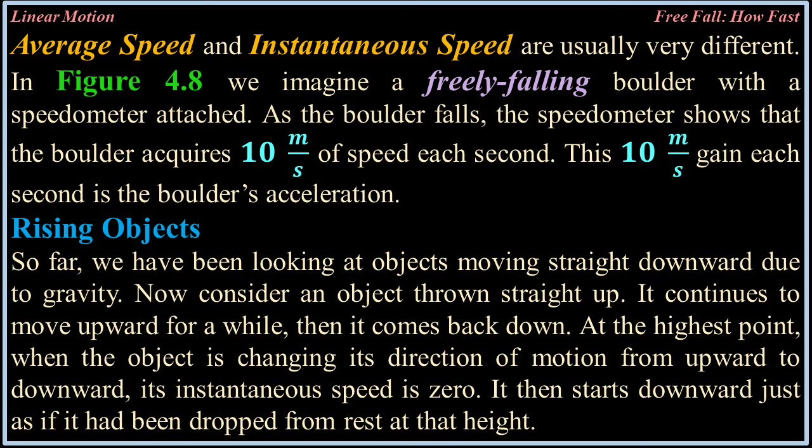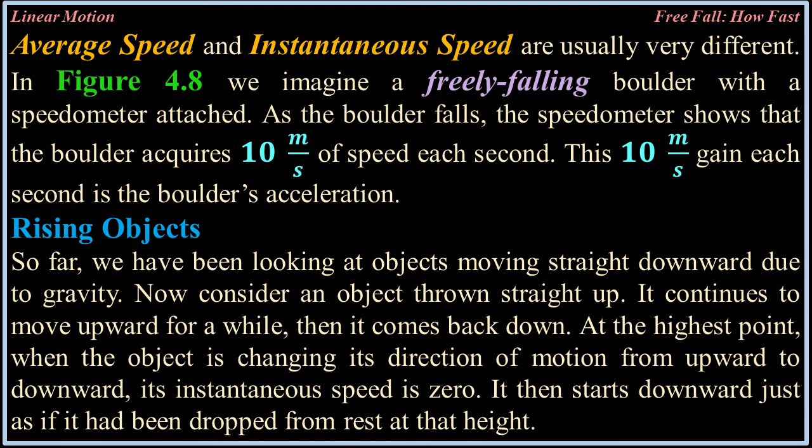Rising objects. So far, we have been looking at objects moving straight downward due to gravity. Now consider an object thrown straight up. It continues to move upward for a while, then it comes back down.